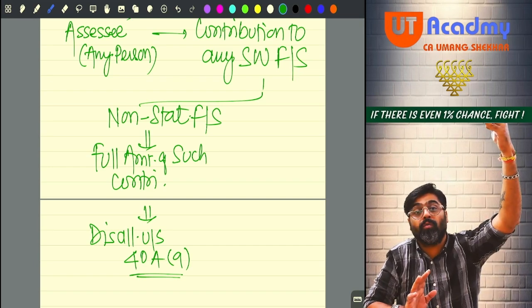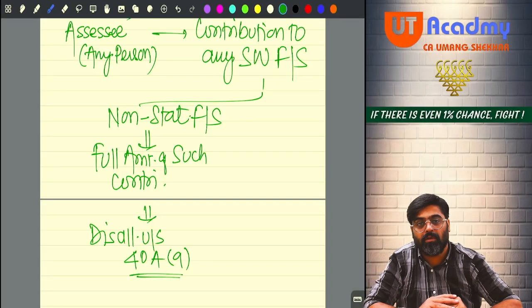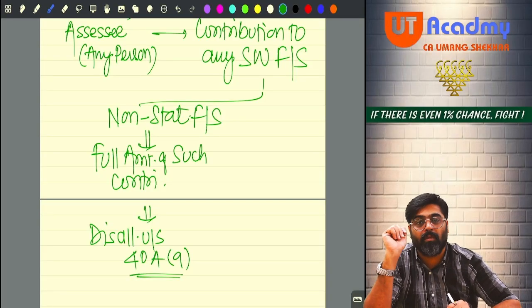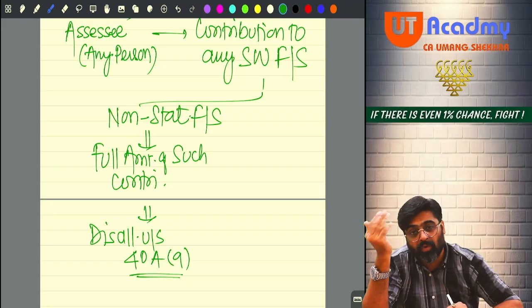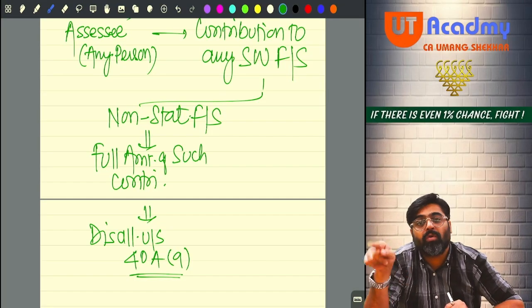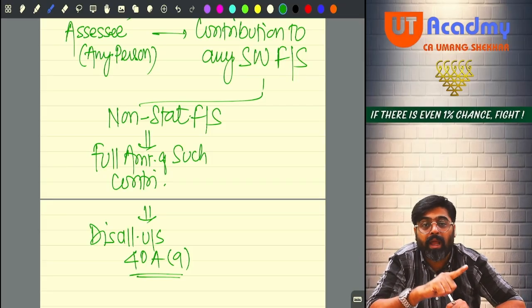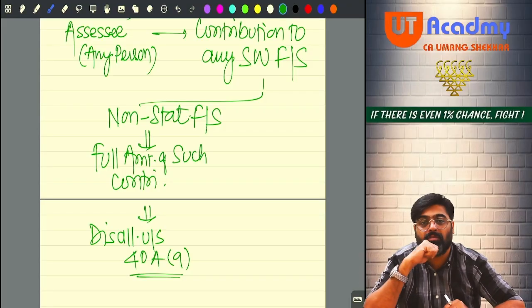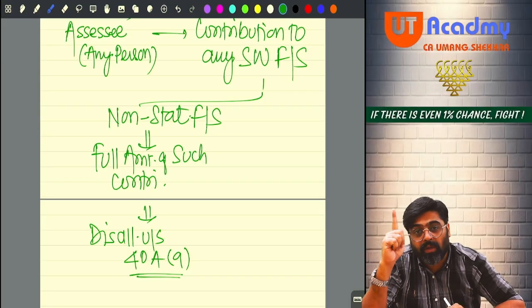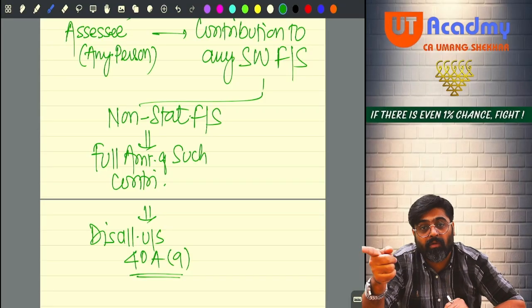There is a law which tells you to do this, and you are doing it, then there is no problem. But if there is no law telling you to contribute these amounts, then why are you creating such funds? Why are you creating such schemes? Why are you contributing the amount here in the name of your employee?